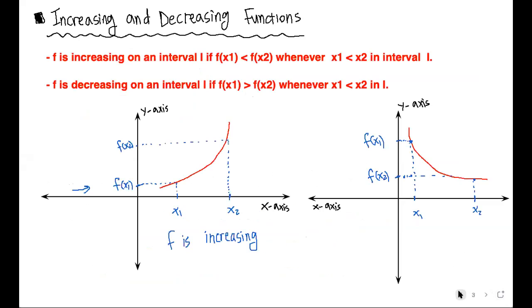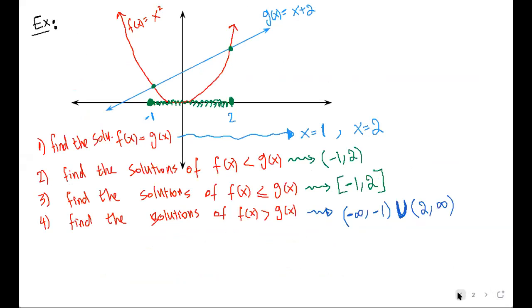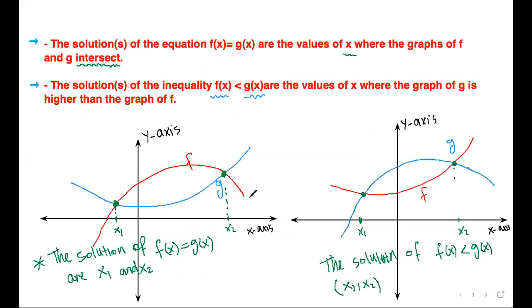Let me just remind you what we did. In this section, we find the solution when the two functions are equal and the solution for the inequality by looking at the intersect. If we're looking for the inequality, we look at where the curve is higher or lower than the other curve.